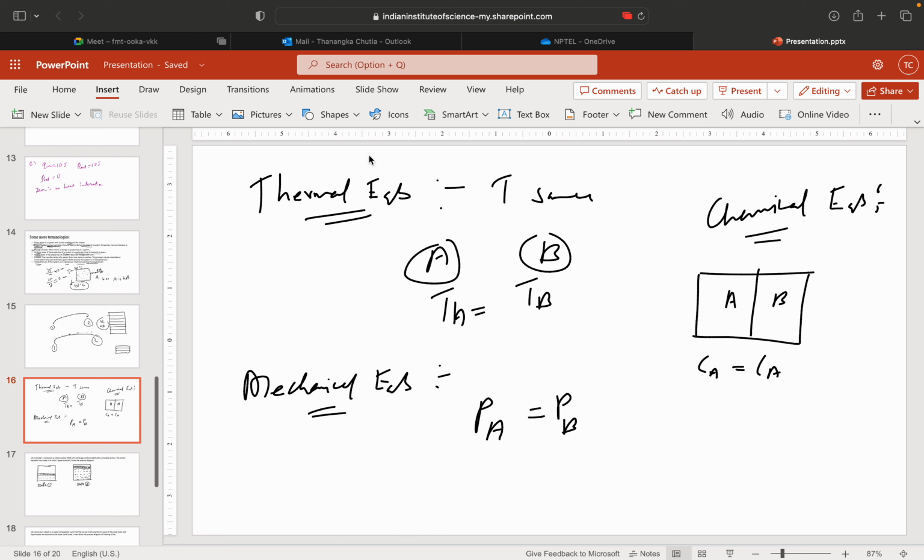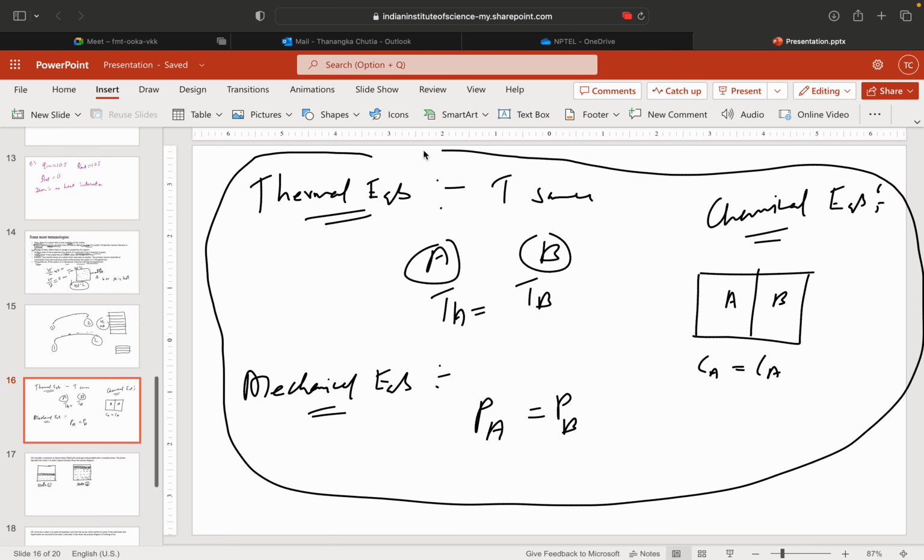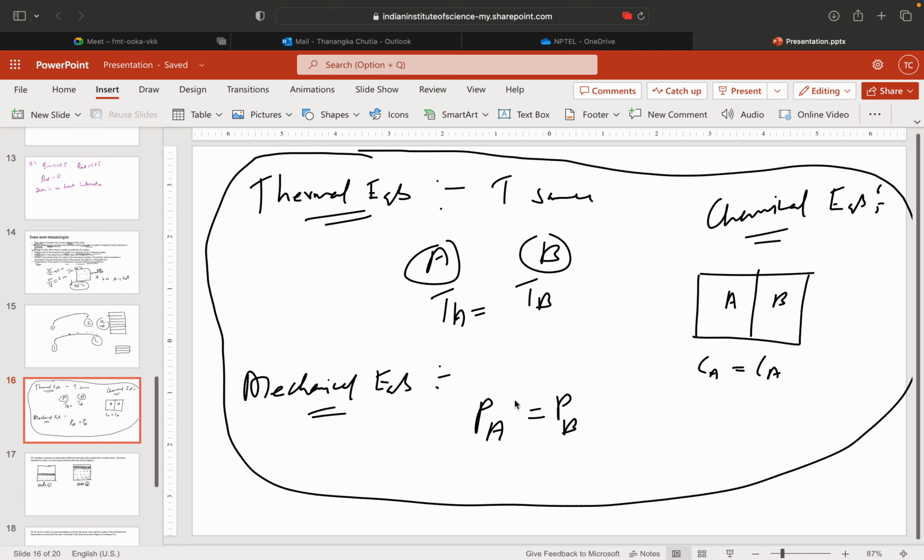Now if a body satisfies all these three equilibrium states together, then we call it thermodynamic equilibrium, which I call TD equilibrium.